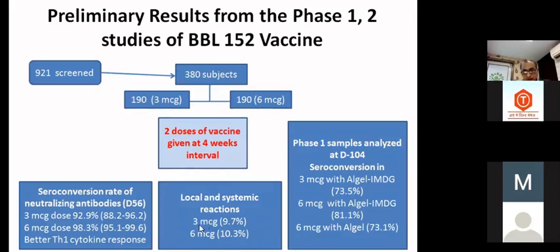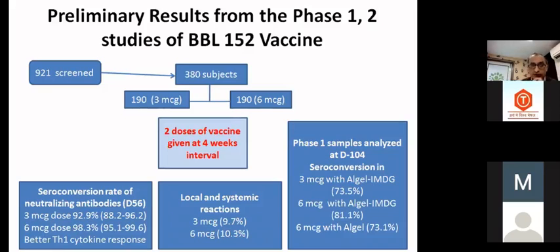They found that the 6 microgram dose of this vaccine is quite good. Though it is more immunogenic, it is more reactogenic, with more adverse reactions compared to the low dose. But the 6 microgram dose evokes a better neutralizing antibody response. That's why the 6 microgram dose is being used in the Covaxin formulation.